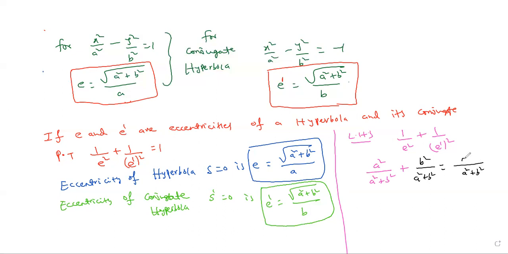LCM is a squared plus b squared, you can add the numerators directly. Numerator and denominator are the same and get cancelled, you get the answer as 1, which is equal to RHS. So the standard relation is 1 by e squared plus 1 by e dash squared is 1. You must remember this.